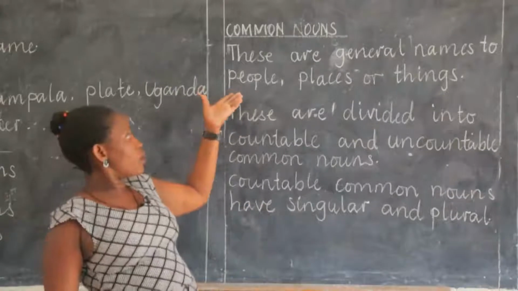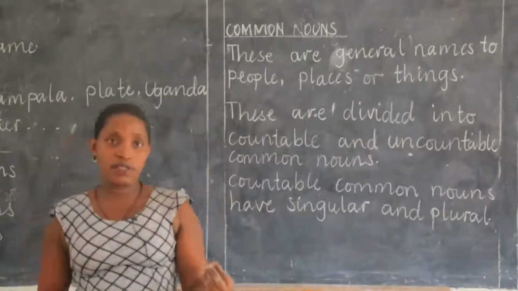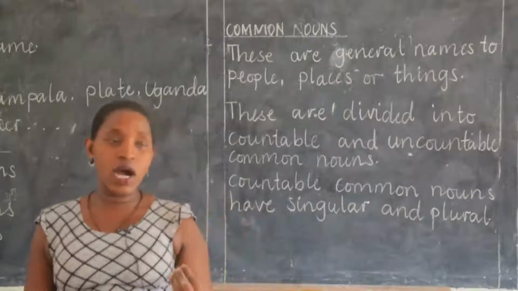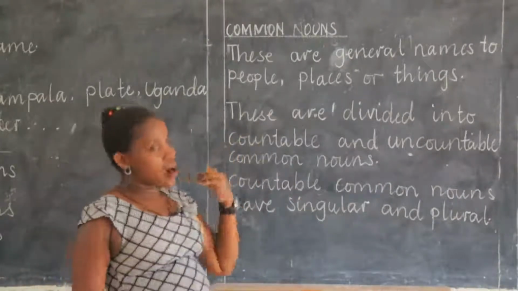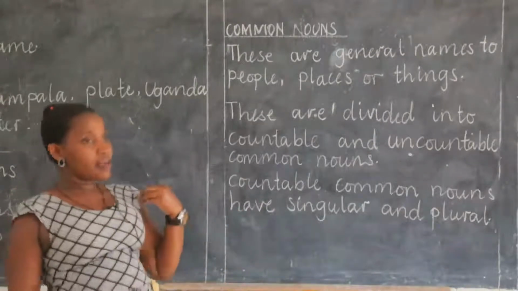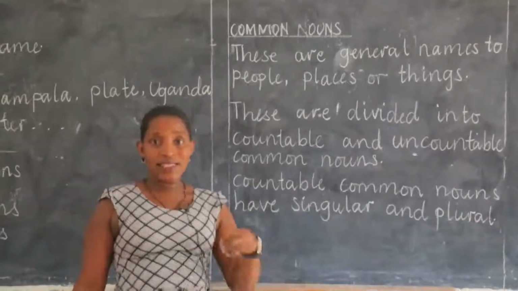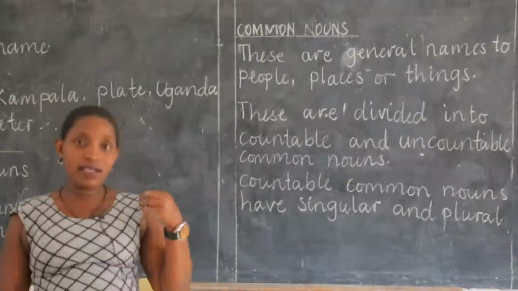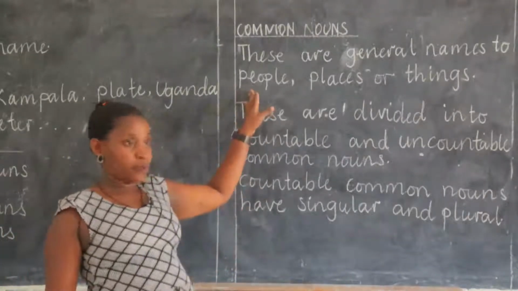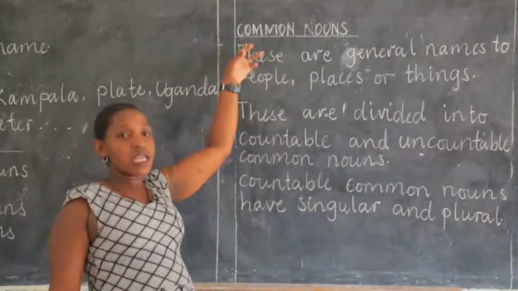When we come to people and I say boys, it is a general name. So that is a common noun. When I say girls, that is a common noun. When I say men, when I say teachers, when I say doctors, that is a general name to people. So it is a common noun.